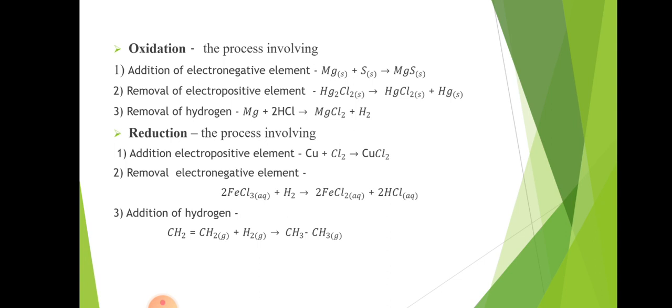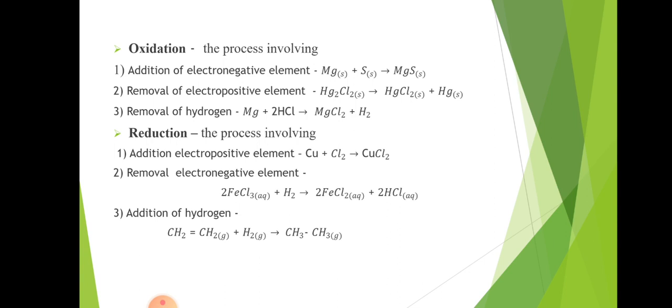Now here the FeCl3 combines with the hydrogen to form FeCl2 and HCl. In this reaction, there is removal of an electronegative element, meaning Cl of FeCl3, iron chloride.